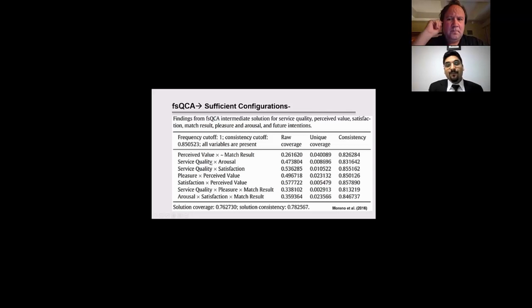Be informed that we are using some probabilistic measures like coverage and consistency, like an asymmetrical approach, to refine all possible conditions. It's not just like a qualitative approach where we accept all possible conditions. We refine them using coverage and consistency to come up with sufficient and consistent causal recipes. But the number of causal recipes is highly dependent on the number of cases and the number of factors.